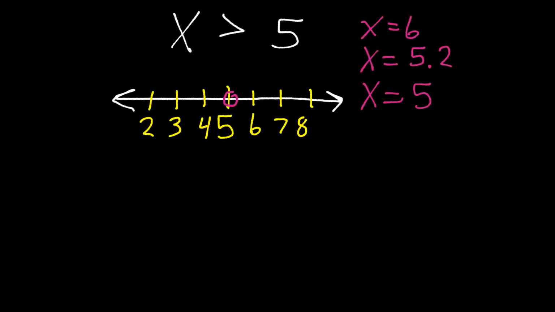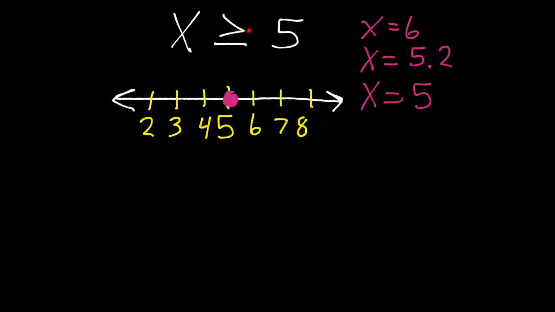But since this is x is greater than or equal to, this circle can be filled in, because that tells us we can be exactly 5 as well. That is part of our answer. So it is equal to 5 and it is bigger than 5 as well.